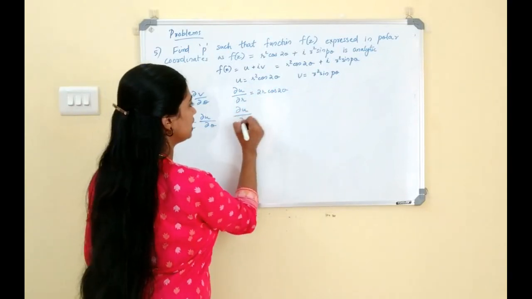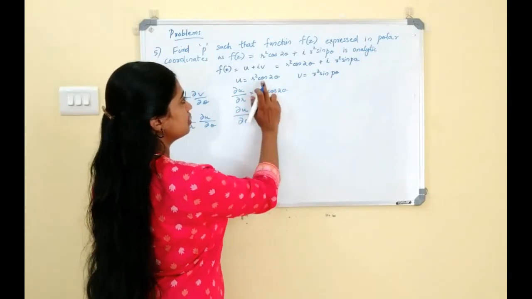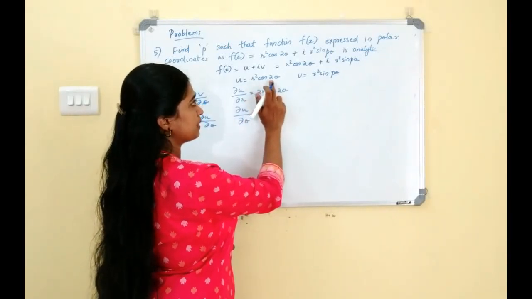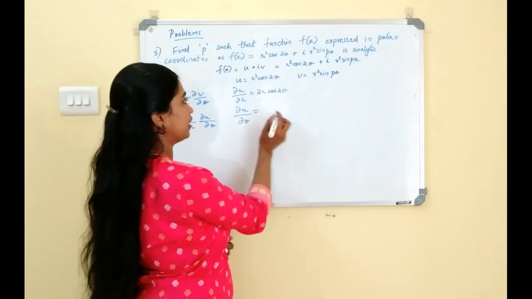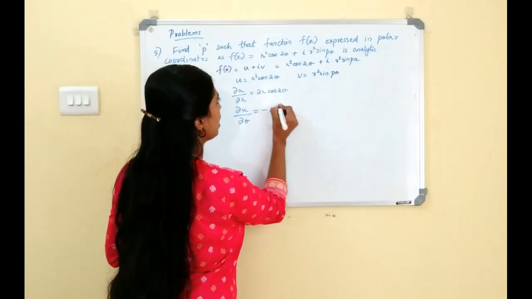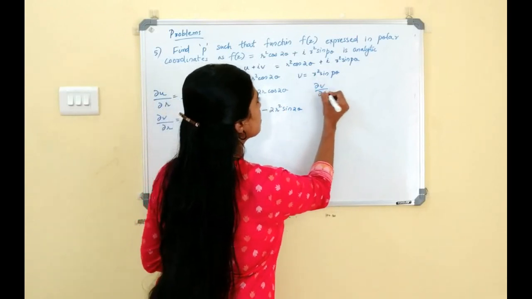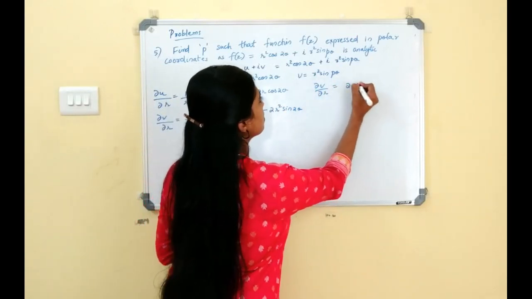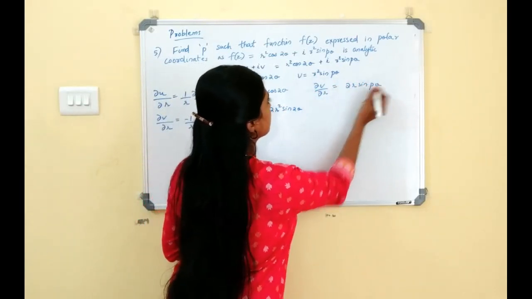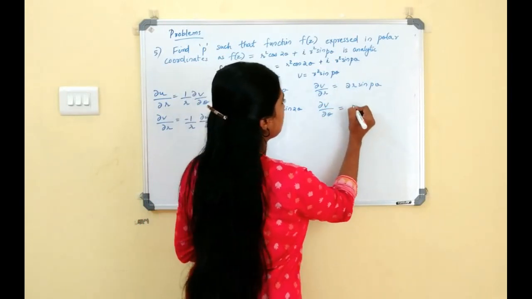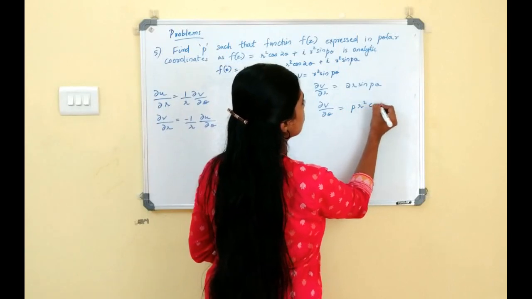Dou u by dou theta: r square is a constant, and the differentiation of cos 2 theta is minus 2 sin 2 theta, so minus 2 r square sin 2 theta. Dou v by dou r is 2r sin p theta, and dou v by dou theta is p r square cos p theta.